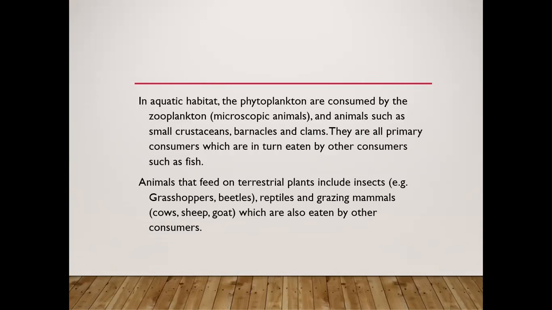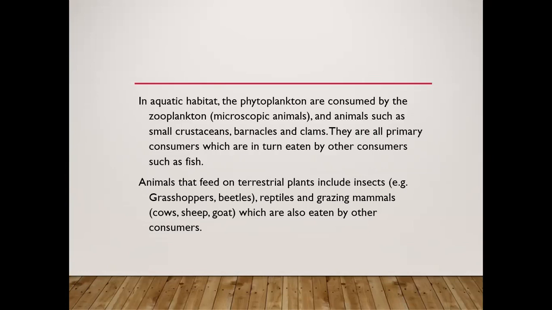So here in water, you have phytoplankton. They are the basic. You may not just write phytoplankton, you may write diatom. Diatom is an example of phytoplankton. They are microscopic plants in aquatic habitats.